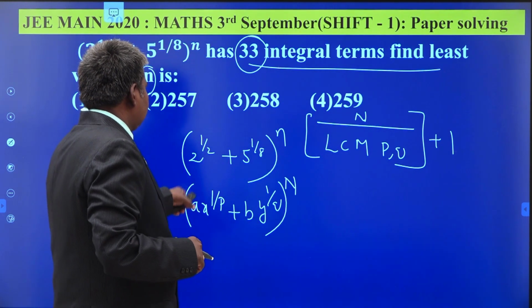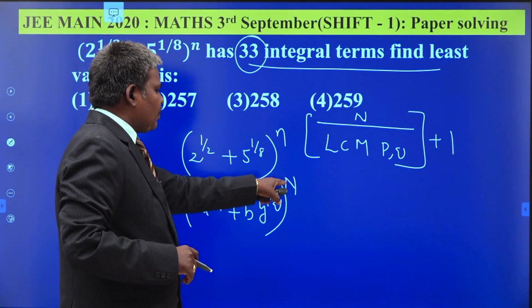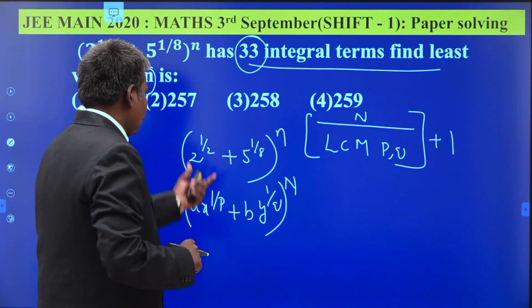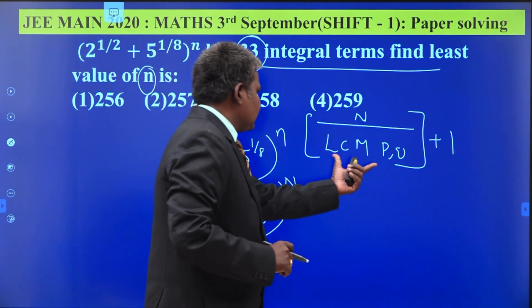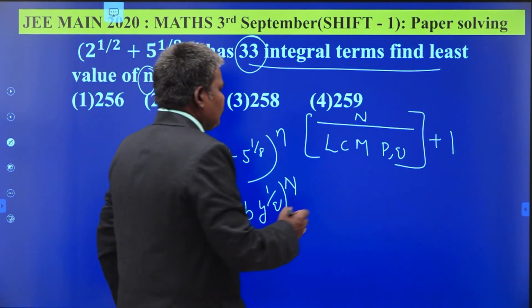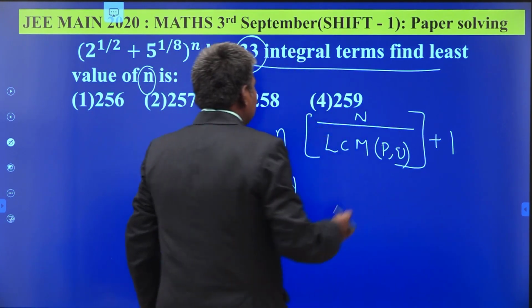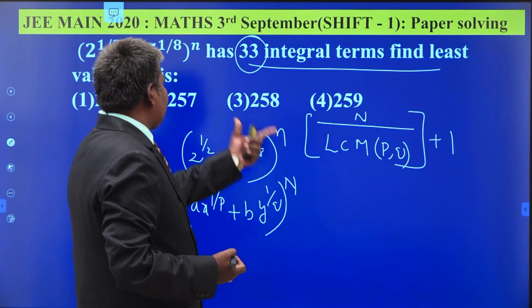This is of the form a x power 1 by p plus b y power 1 by q, whole to the power of n. For this expression, the number of integral terms is obtained by the formula n by LCM of p comma q plus 1. So the powers must be integers. N by LCM of p comma q plus 1 is given as 33.